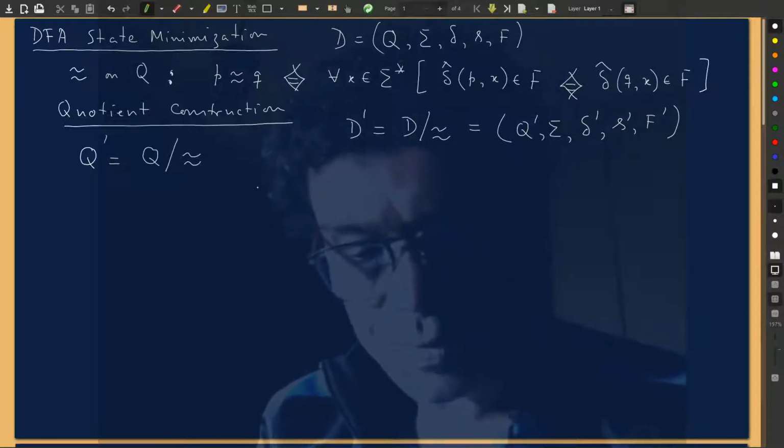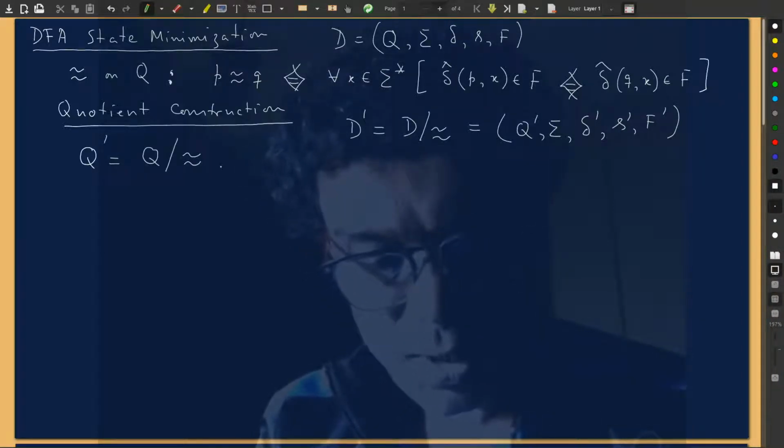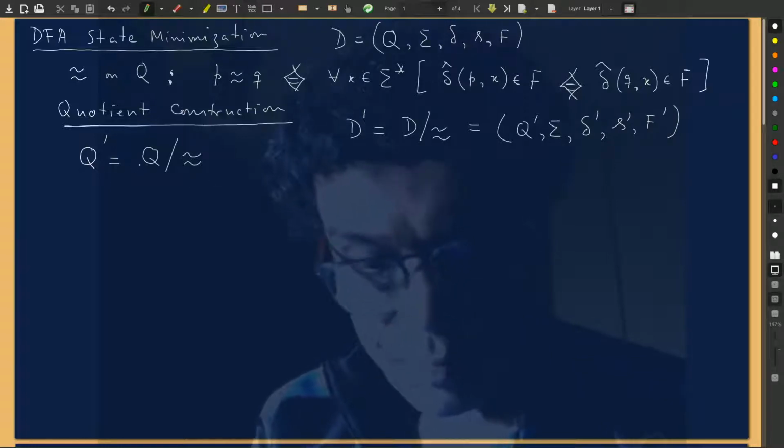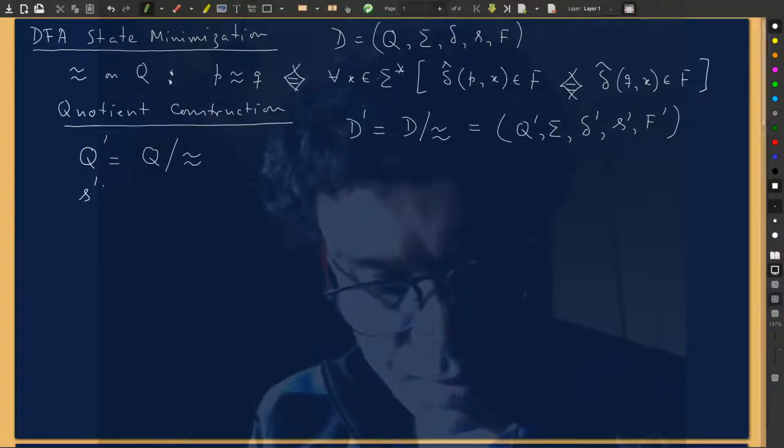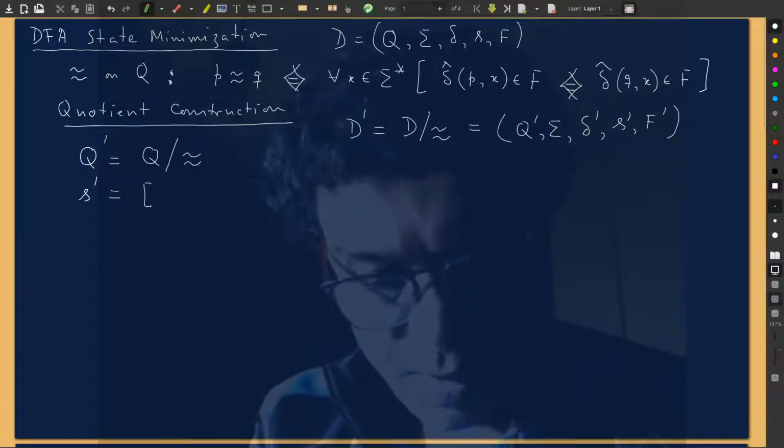So we have collapsed each individual equivalence class to a single state. Sigma remains the same. Start state we have defined as the equivalence class of the start state.